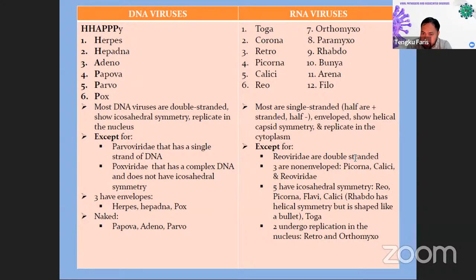Three of these RNA viruses are non-enveloped, which are Picorna, Calici, and Reoviridae. Five of them have icosahedral symmetry, and two undergo replication in the nucleus, like retro and orthomyxo. The rest, the other 10, undergo replication in the cytoplasm.